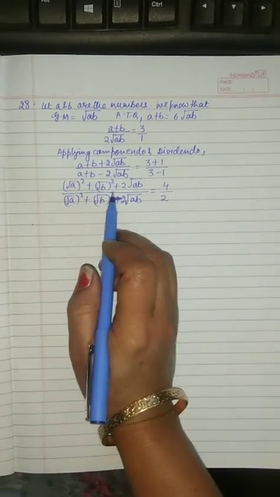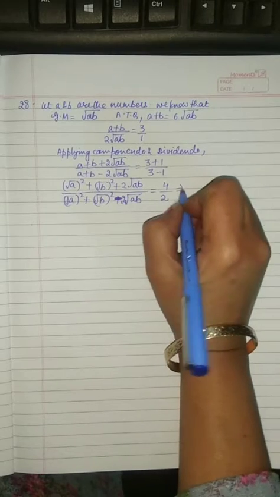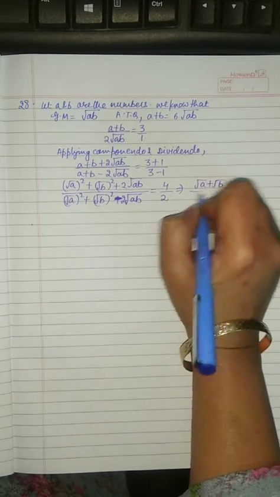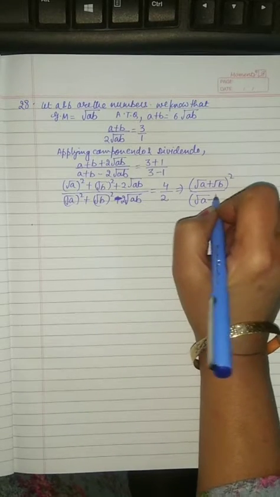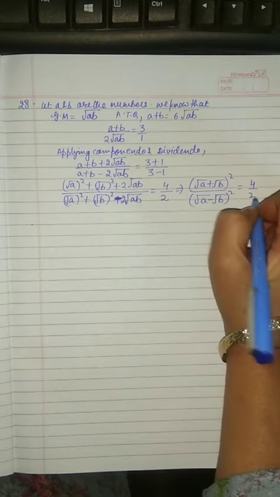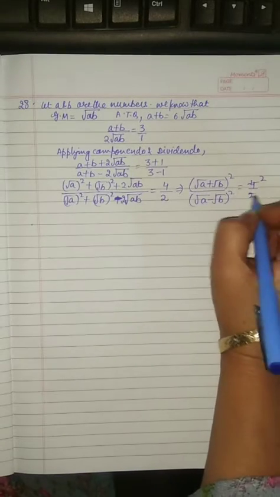Now the left hand side will be written as (under root A plus under root B) whole square upon (under root A minus under root B) whole square is equal to 4 by 2. Now 4 by 2 means 2 by 1.